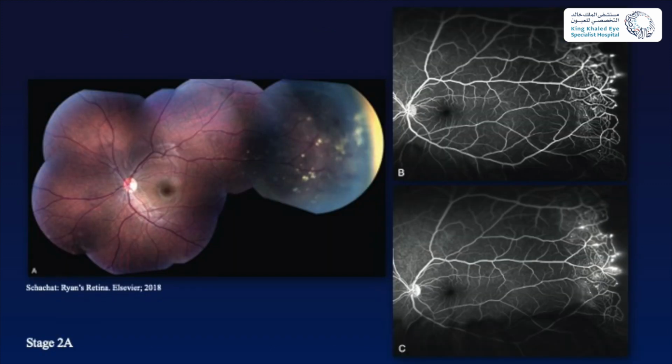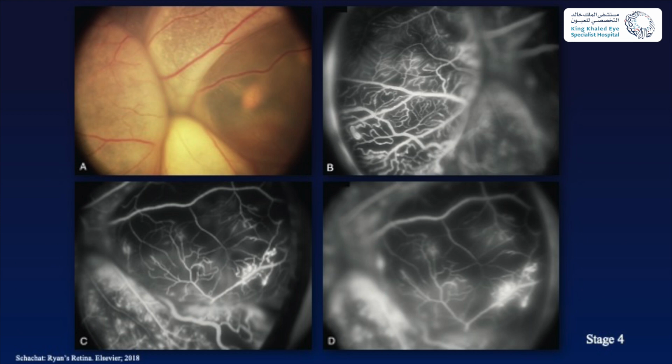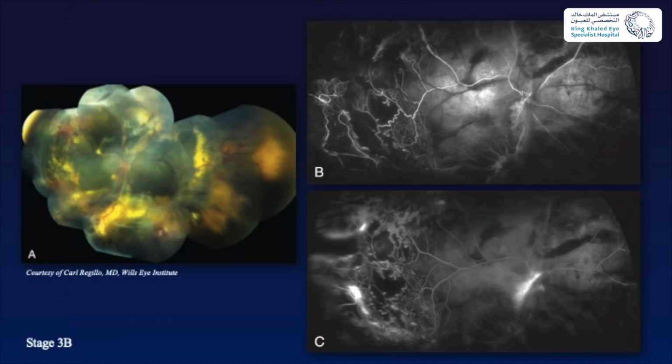So this is a patient with stage 2A, as you can see here, telangiectasia, aneurysms that leak the dye with hard exudates outside the macular area. This is a patient with stage 4 disease with glaucoma, and you can see the total retinal detachment. This is a patient with stage 3B.